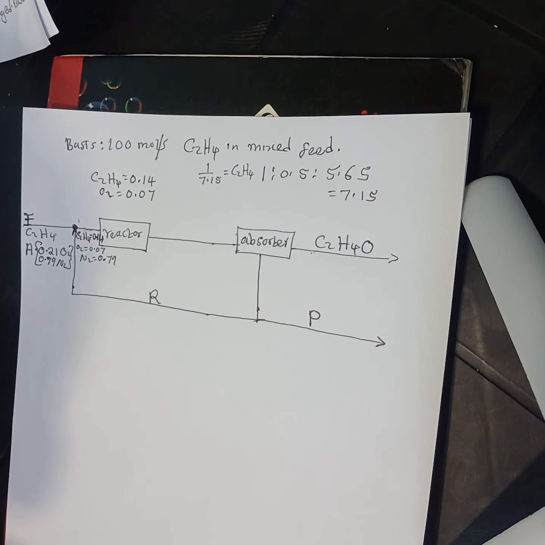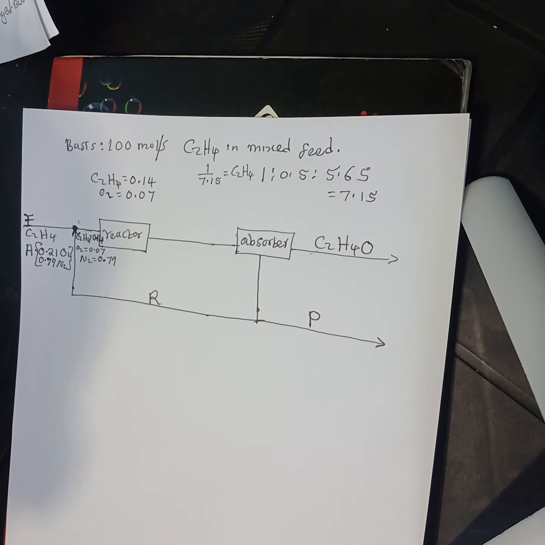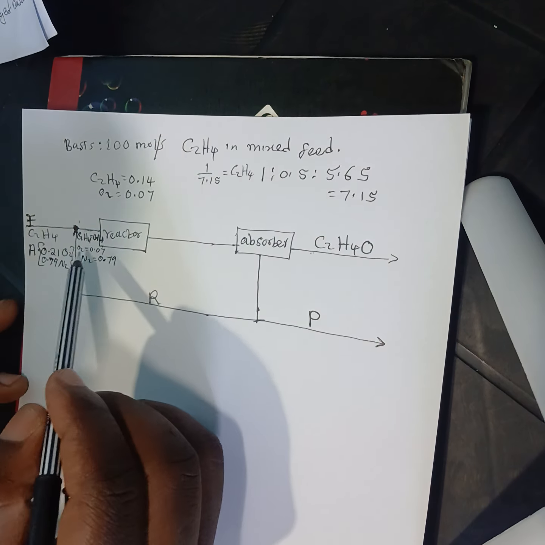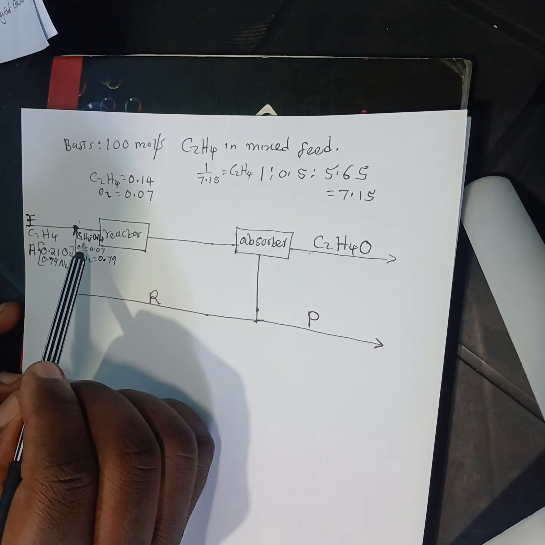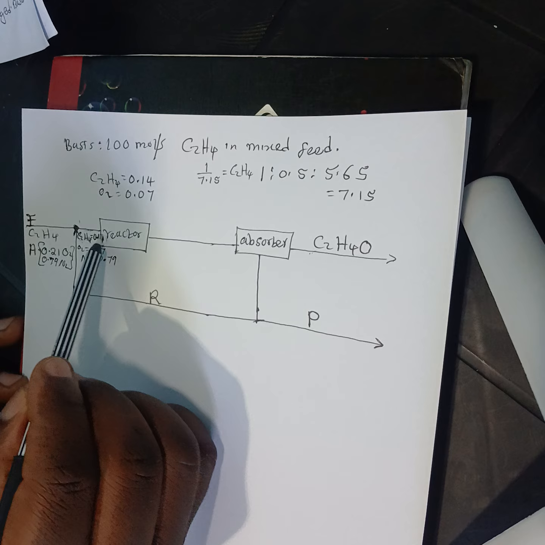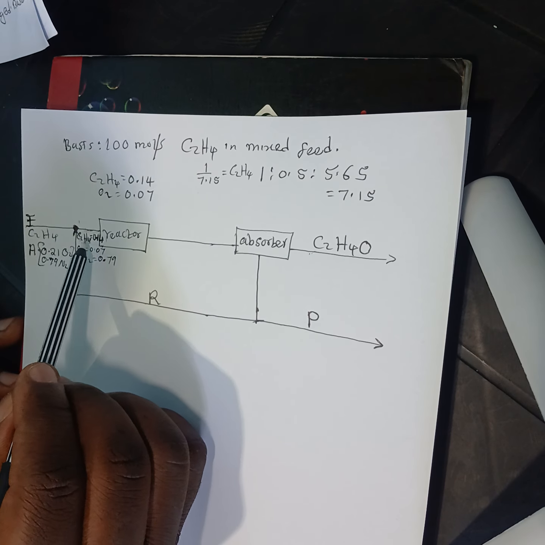Where is the basis? Okay, based on 100 mole per second of ethylene in mixed feed. So we are basing our calculations on 100 moles per second of just this ethylene.